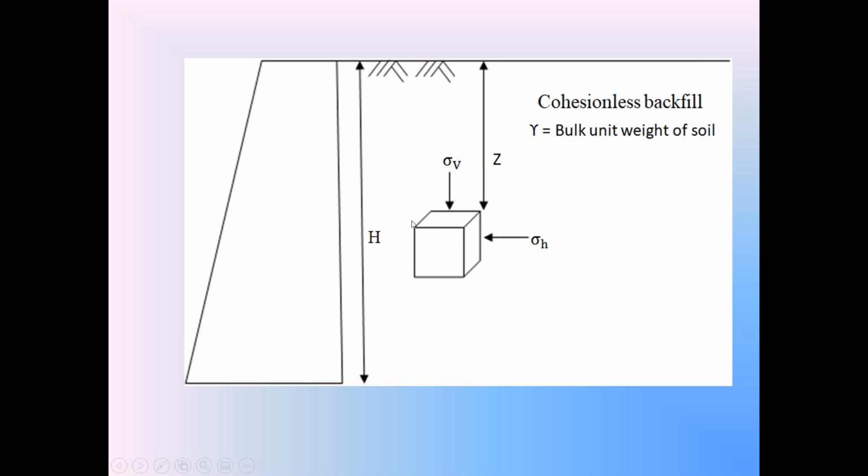Since no shear stress acts on the element, sigma V and sigma H are the principal stresses. Sigma V is equal to gamma into Z. Since the element is in rest condition, sigma H is the at rest horizontal earth pressure, so sigma H is equal to K naught into sigma V, which is K naught into gamma into Z.